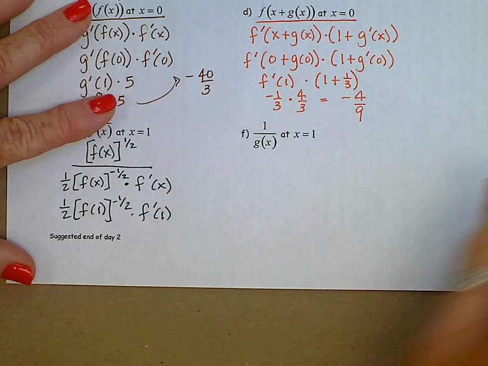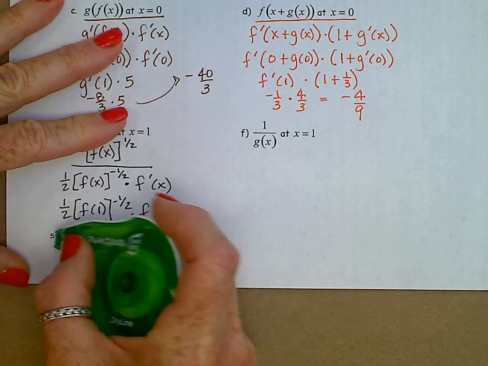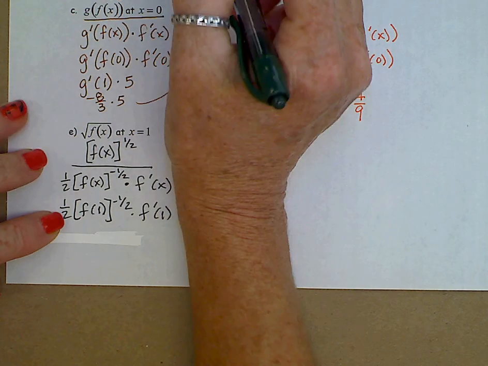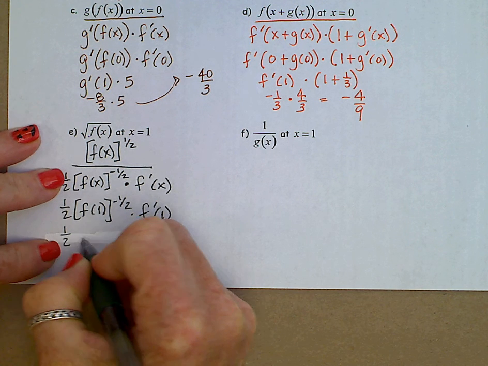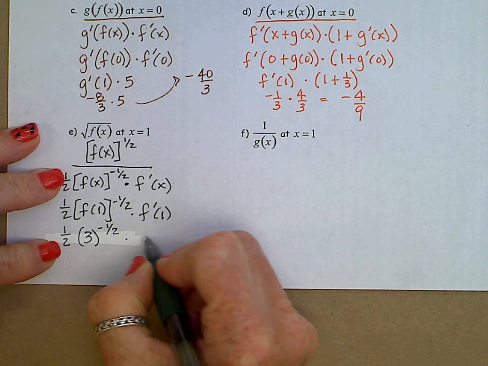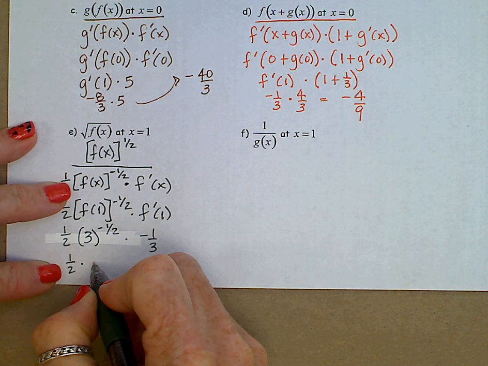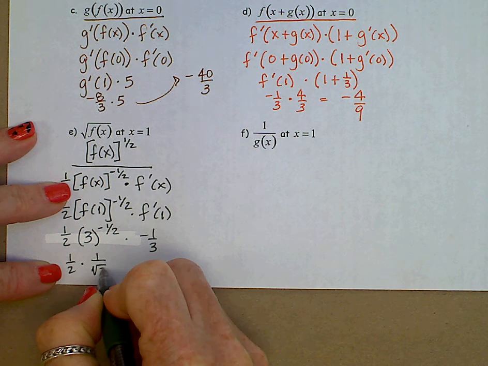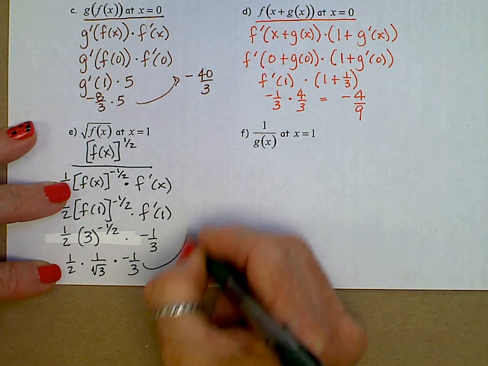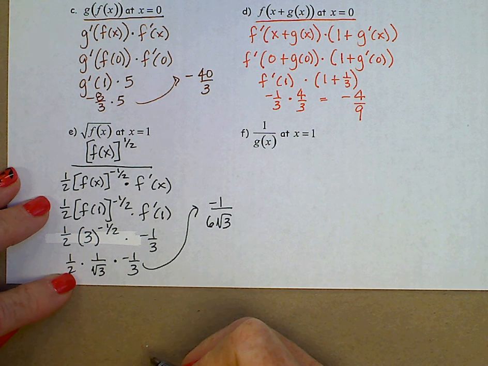Reading the table here, f of 1 is 3, so we have 1/2 times 3 to the negative half times f prime at 1, negative 1/3, and we will have 1/2 times 1 over square root 3 times a negative 1/3, which is negative 1 over 6 square root 3.